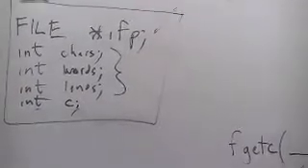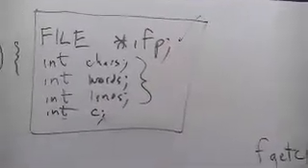Because what do they represent? They represent counters of characters, words, and lines. So, right now, before I started, how many characters have I found? 0. How many words have I found? 0. And how many lines have I found? 0. So I would initialize all of these to 0.